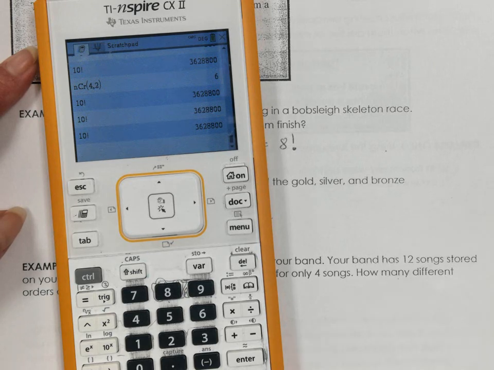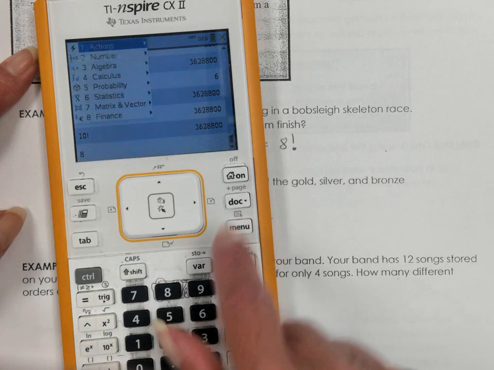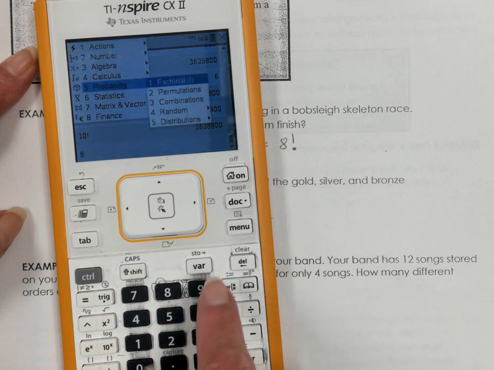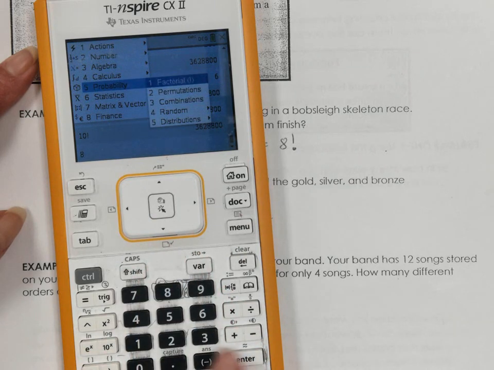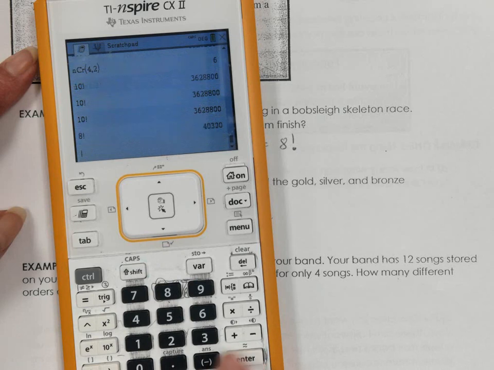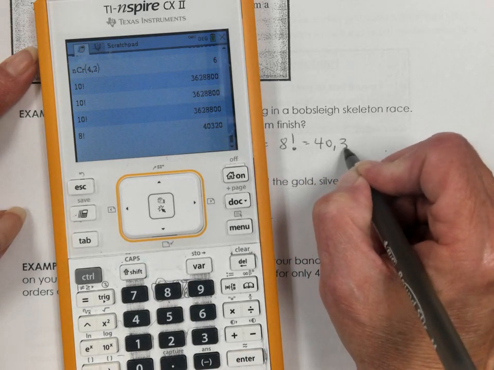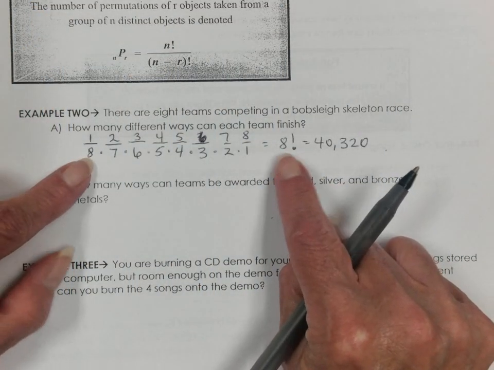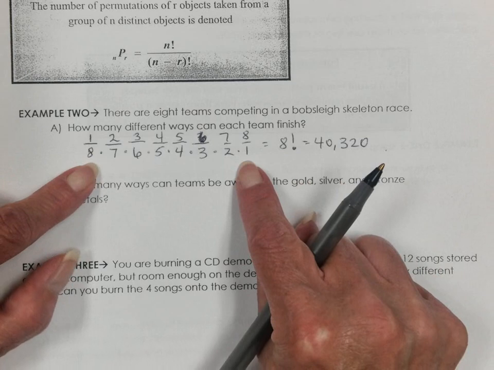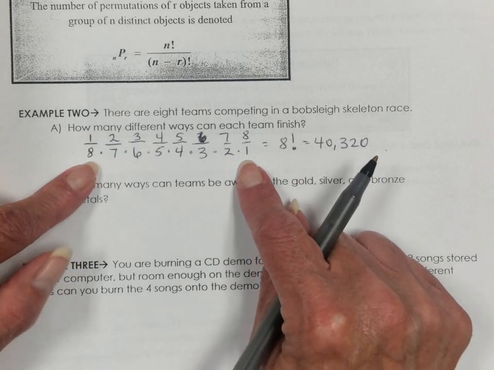So 8, menu, 5 probability, 1 factorial, enter, enter. 40,320 different ways that we could organize these 8 teams.